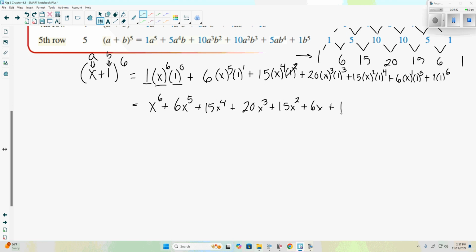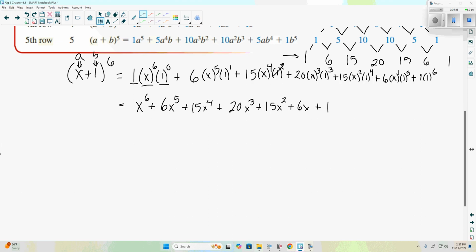Now, this seems like a lot. Why is this faster? The alternative to find this is to multiply all 6 of those together.